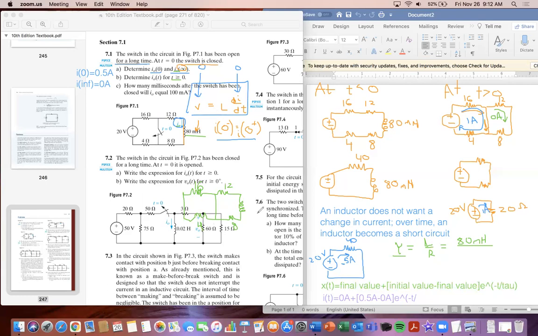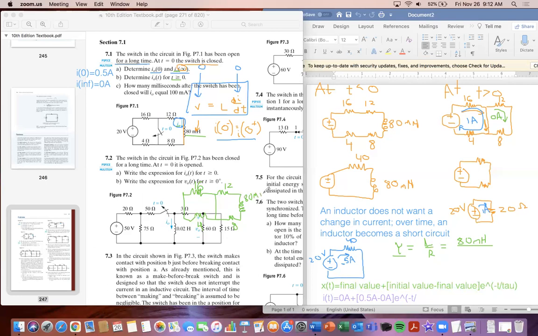So what resistance does the inductor see? Do not take into account the source, because the inductor doesn't see the source. When calculating the equivalent resistance that the inductor sees, this is where the inductor is, 80 millihenries.